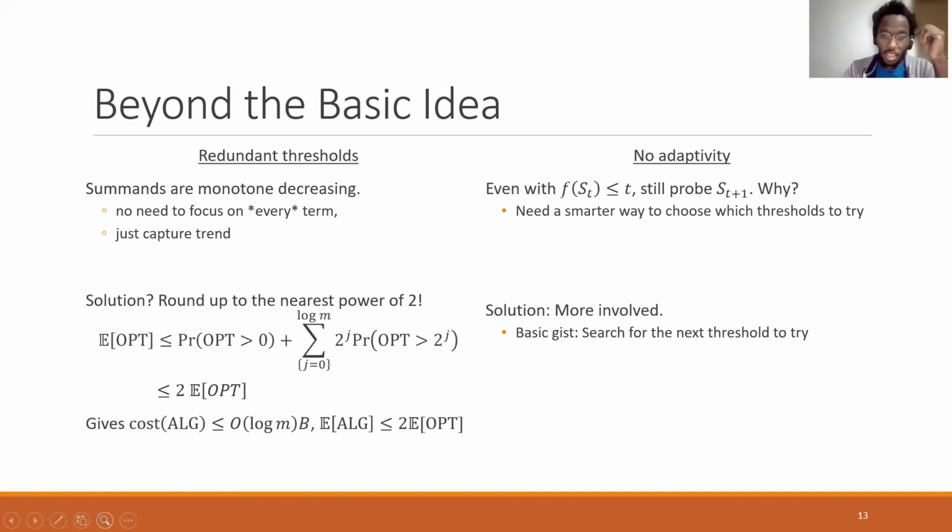So that means that if we just focus on minimizing these log m terms, then somehow we'll be good to go while avoiding a lot of the mess that we had before, right? And so if we just use this idea directly, then this gives us a cost factor of log of m, and gives us a value factor of 2, which is worse than the one we had before, but only by a factor of 2. So it should still be fine.